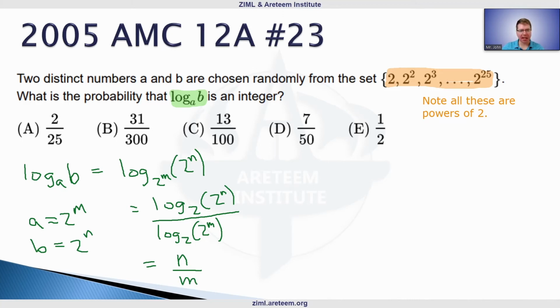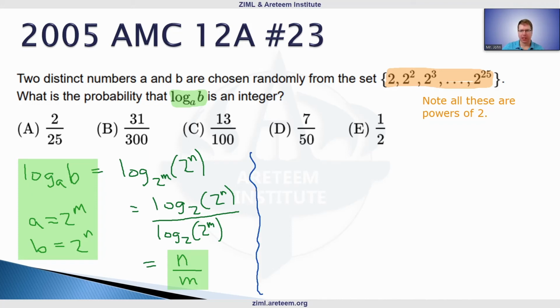So when we write it this way, log base A of B, where A is 2 to the m and B is 2 to the n, we just end up with n divided by m in this scenario. So now we are ready to do probability, and we can phrase everything in terms of these A's and B's.